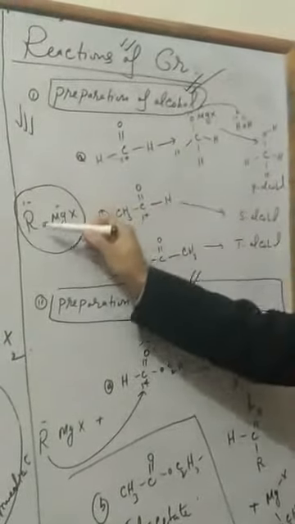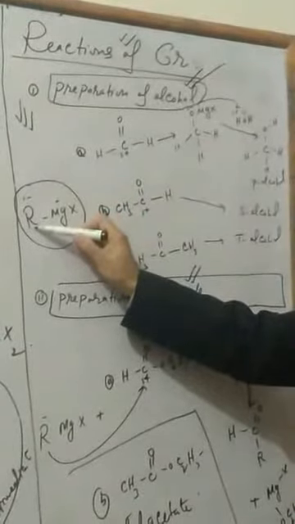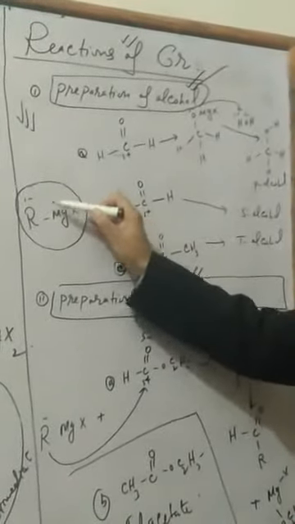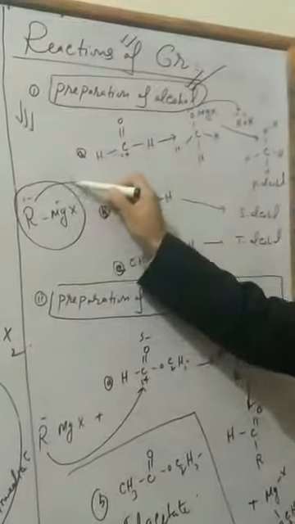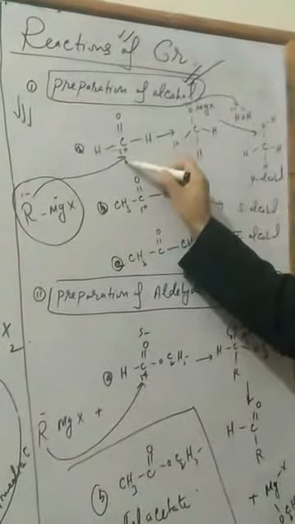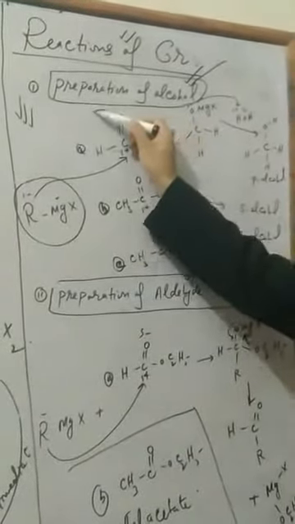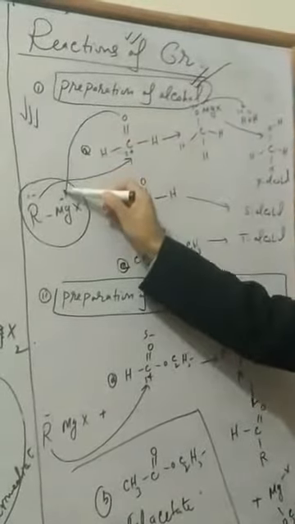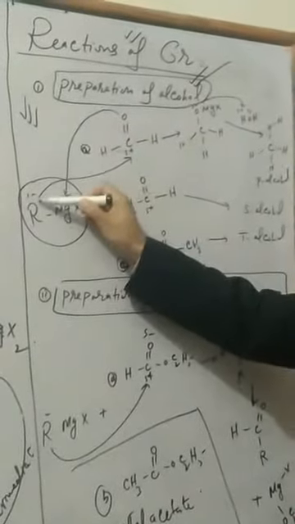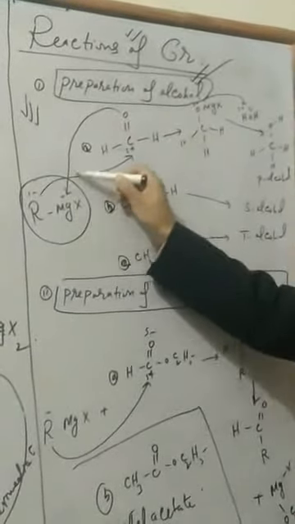Look over here again. Here it is negative, it is positive. So this negative will attack over here, and this negative will attack over here. Again, this negative will attack this one, and this negative will attack this one.